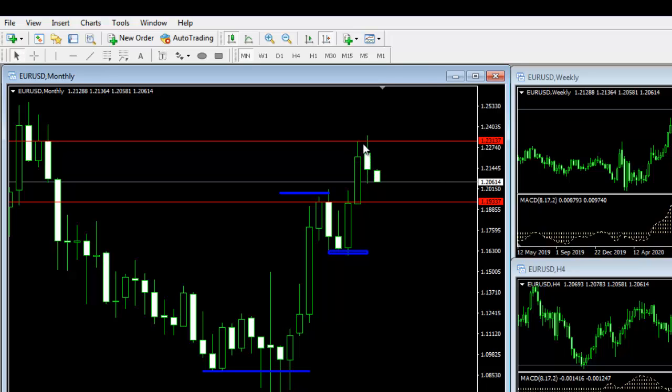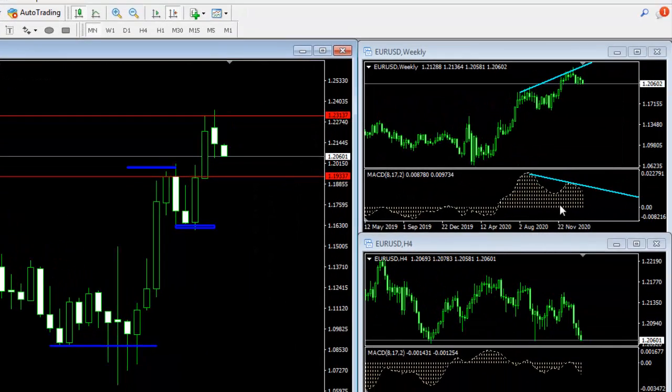Obviously this level would have been put there even before the month of January occurred, so we would have seen that the price is pulling back. So I'm expecting the price to go to that level, our support level of 1.1933.